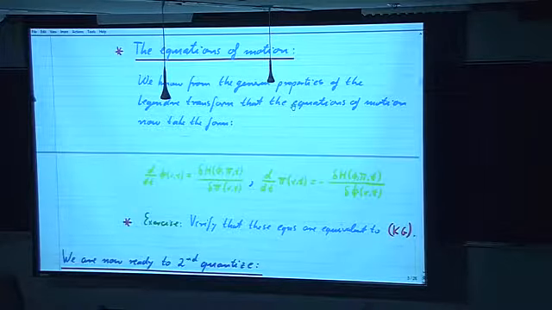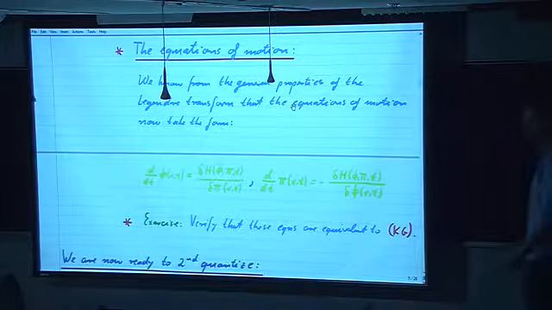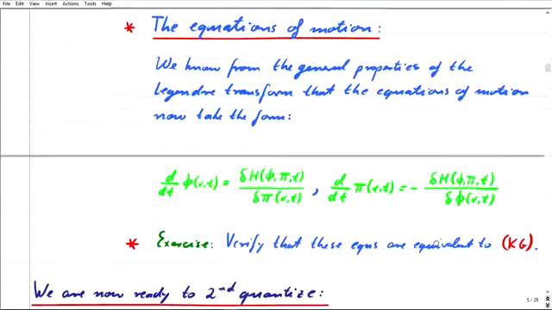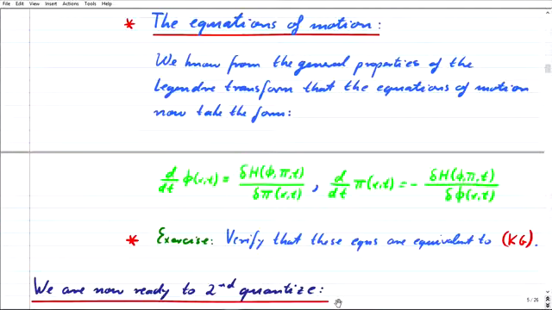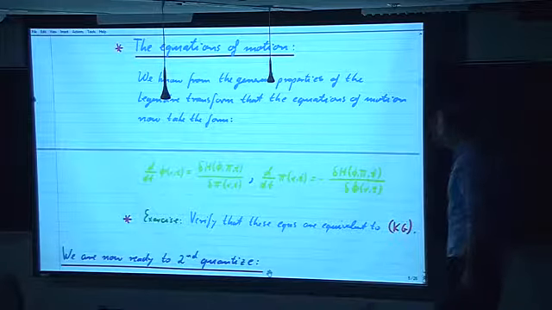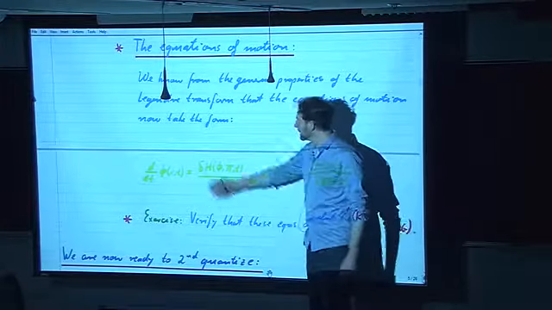Now we do know from the general framework of Legendre transform what happens to the equations of motion. We don't have to do it in every single case. We solved it in generality. We showed that after you do all of this and you calculate the Hamiltonian, then you obtain the equations of motion, and they come out to be this.